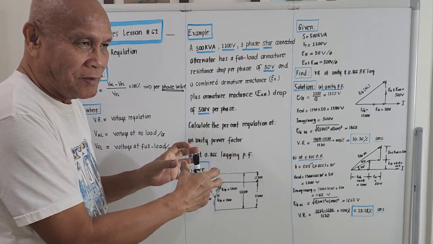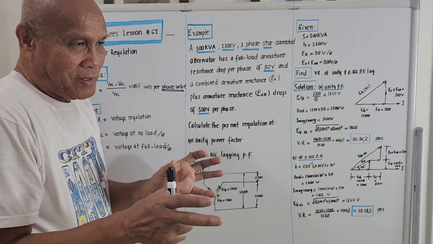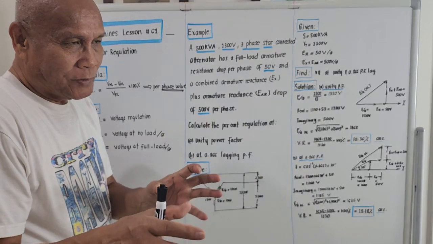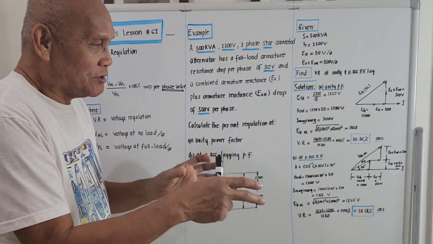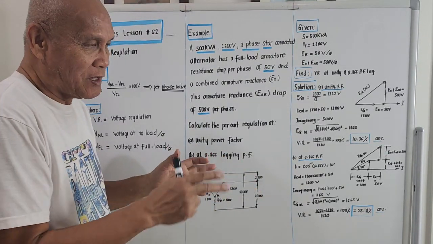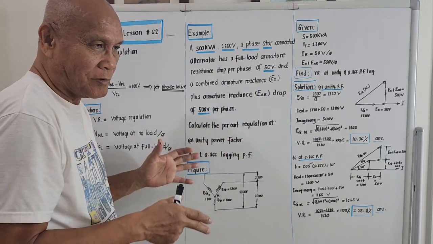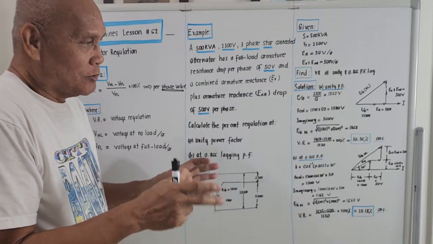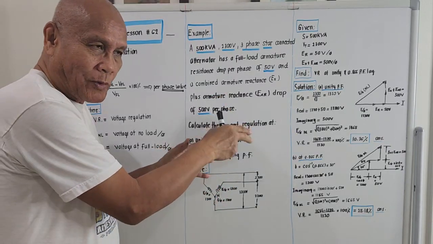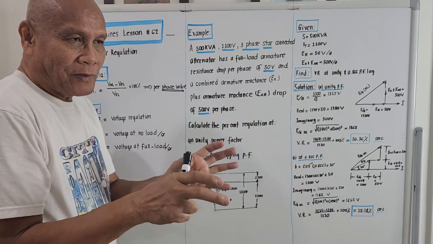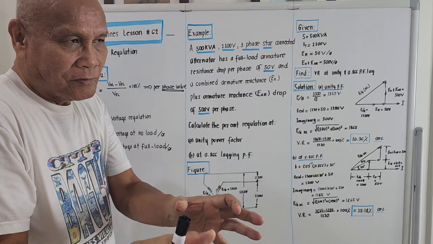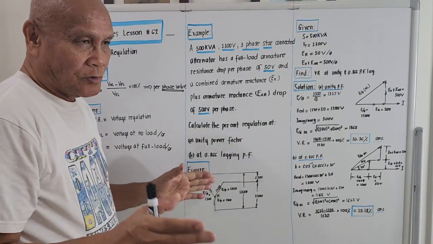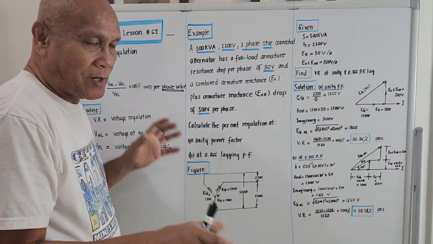AC circuit is an application of the so-called transformer and alternator.